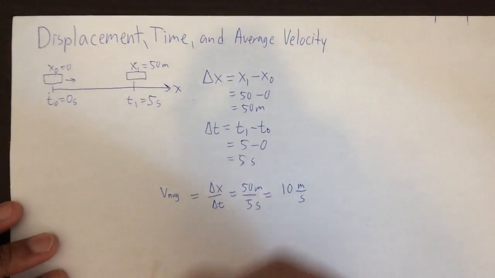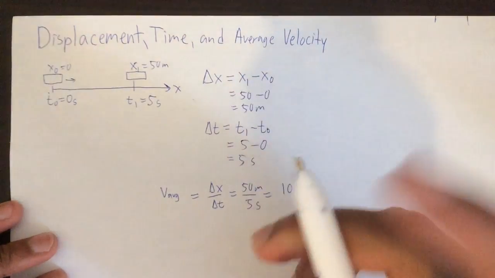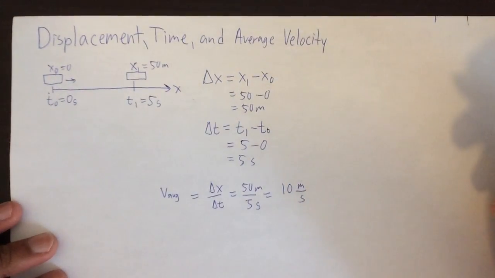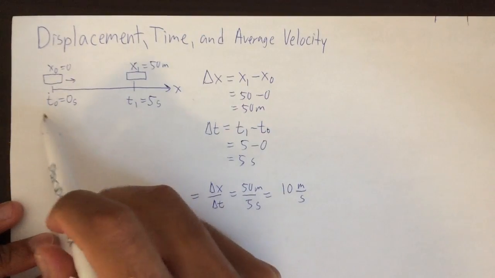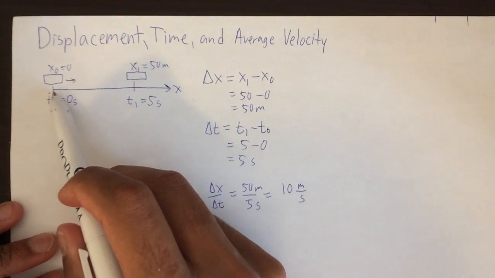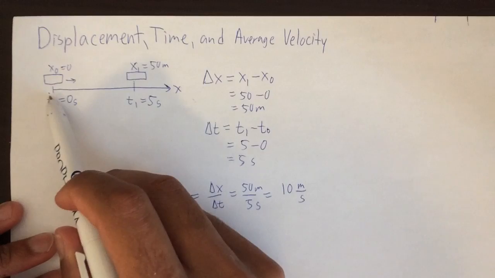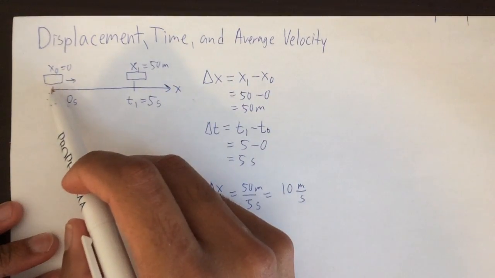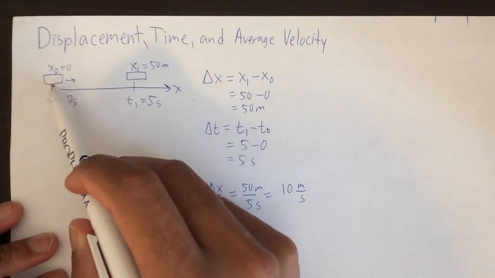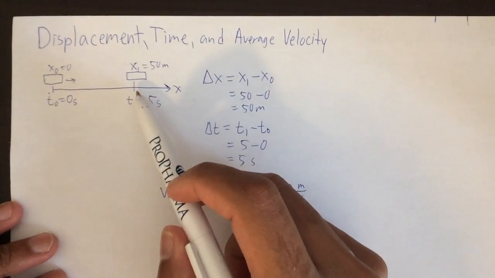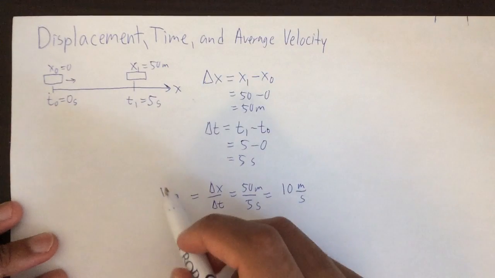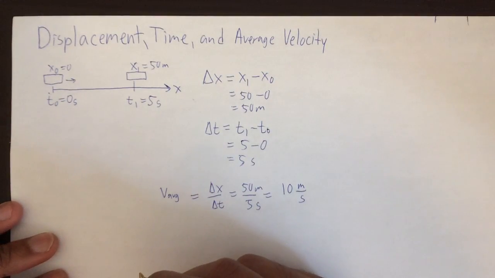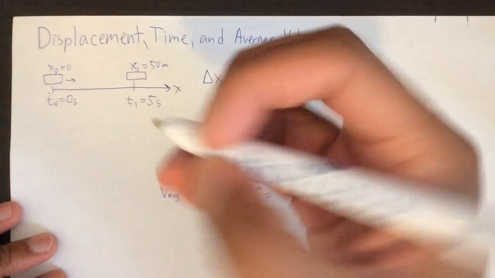Now, velocity and displacement, what's important to note here is that they're vectors and not scalars. So they have an associated direction. So in this case, we're defining the positive x direction to be from left to right. And since the displacement was left to right, which means that the x value is becoming more positive, we know that this velocity vector is also going to be positive.